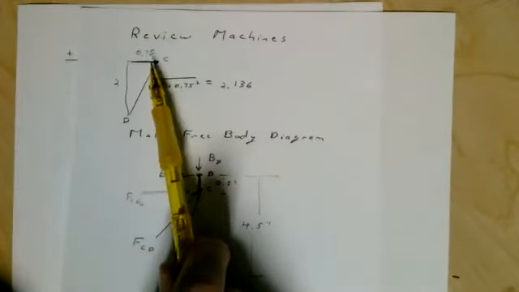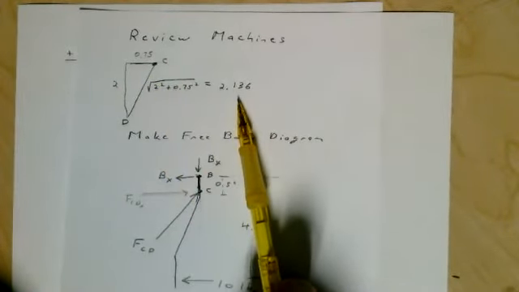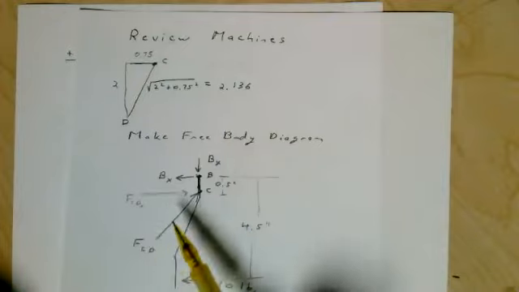And once again, for our FCDX, we're going to use the 0.75 divided by 2.136 times FCD.